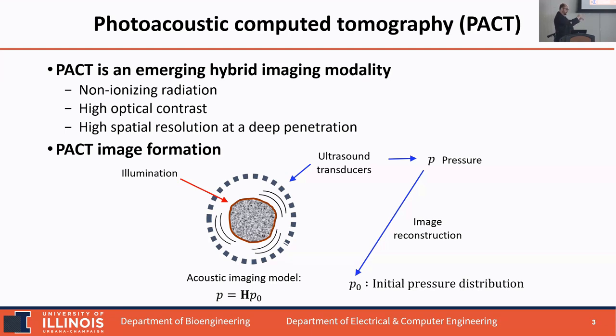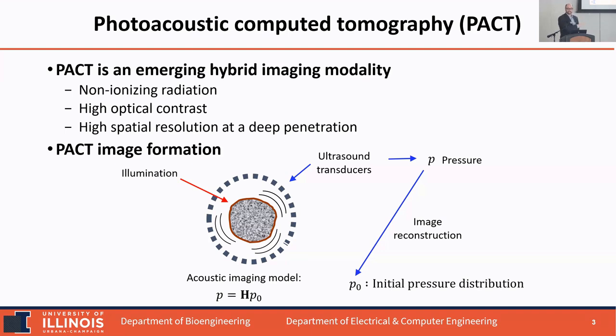These blue squares represent an ultrasound array, which surrounds your object. At each transducer element, you basically measure the pressure signal that arrives there. So at each of these transducer locations, you're measuring a time trace, which is the measured pressure as a function of time. That's your so-called projection data here. And then once we record this data, then we do image reconstruction. Essentially, we use an algorithm to produce an estimate of the initial pressure distribution.